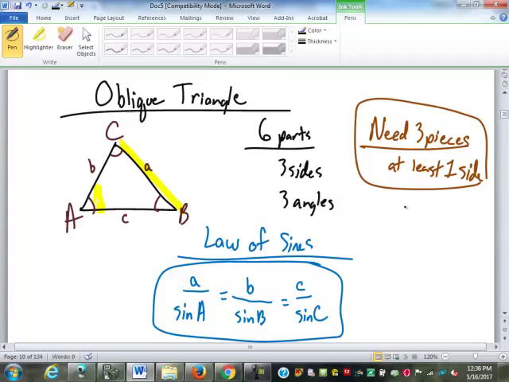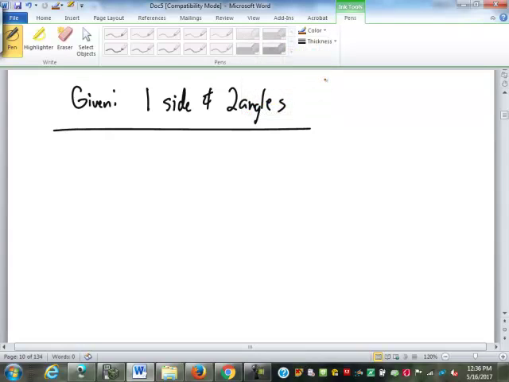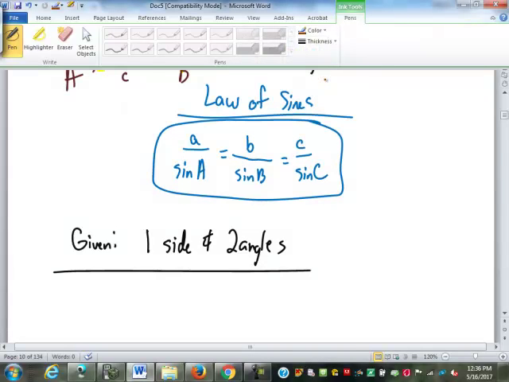At least one must be a side. So let's start out with the case where we are given one side and 2 angles. And we're going to look at a couple of examples of this.